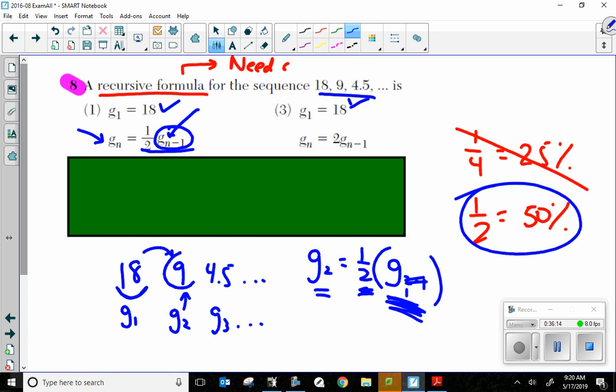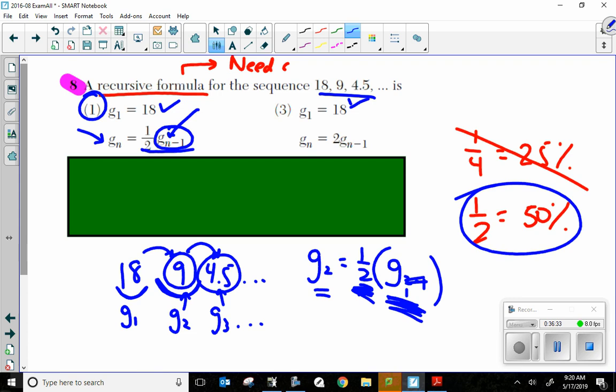What's half of 18? It is indeed 9. Okay, let's find G3. If I want to find G3, I take the previous term and I multiply it by 1/2. What's half of 9? 4.5. So this is the right one, and that is the answer.